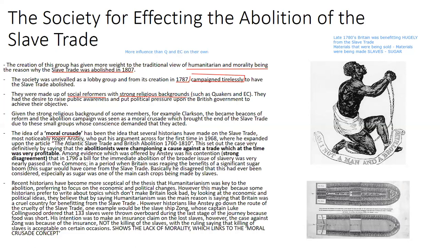The reason this society was so effective was because they had an idea. They had a clear outline of what they wanted to do. They never backed down from their overall message. Okay? And because of their strong religious background, the abolition campaign of the society was seen as a moral crusade. What that means is a way of trying to change people's perceptions.